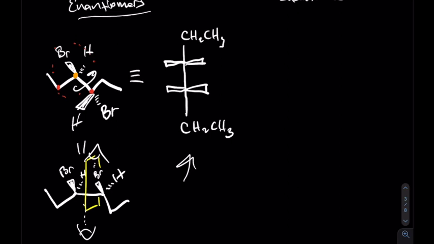I mean, arbitrarily, I guess I could say if that's the top, then the Brs are on that side and that side. But there's no real reference here. There's no real reference for me to assure you that this corresponds to this, because it could also correspond to that. There's just no way for you to verify.